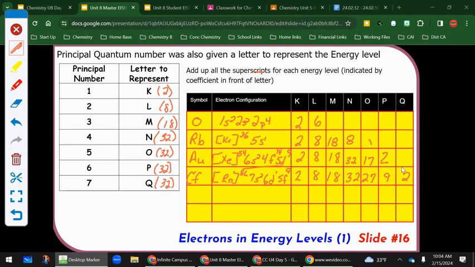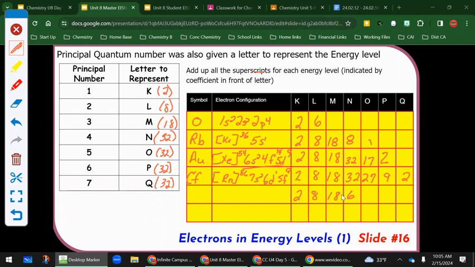Okay, I'm going to give you some numbers. You tell me what element it is. You ready? 2, 8, 18, 8, 18, 6.